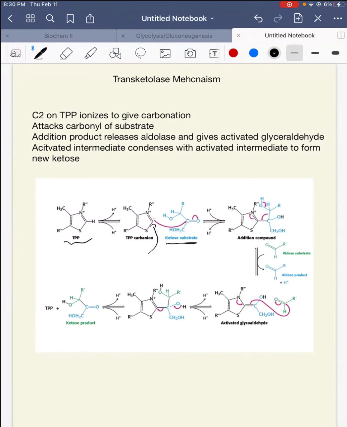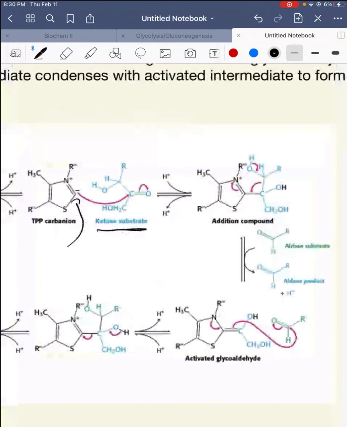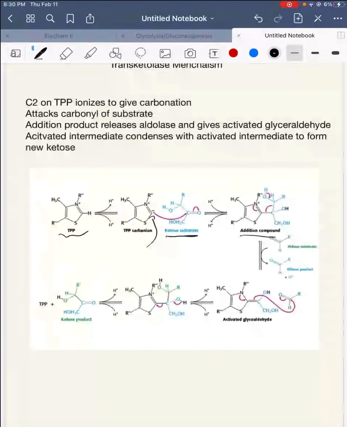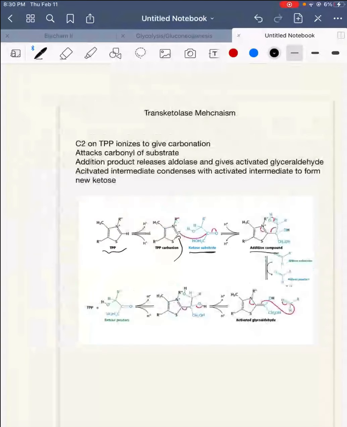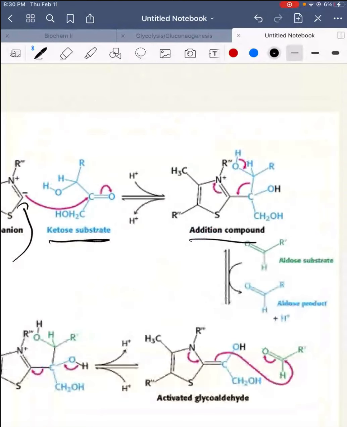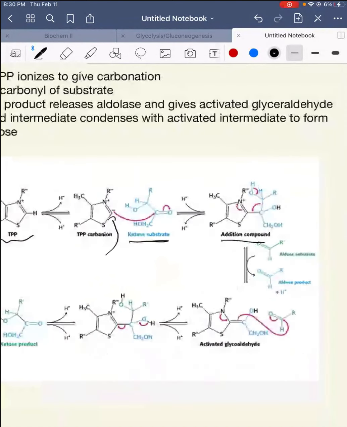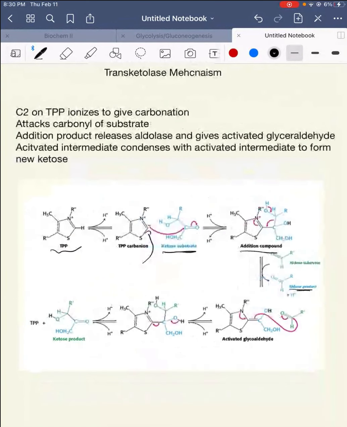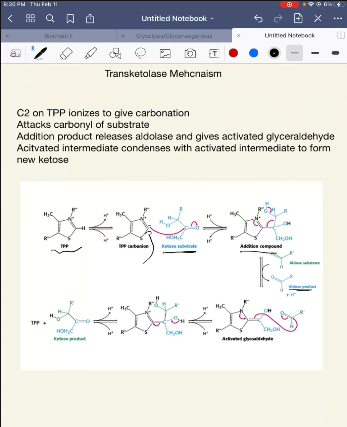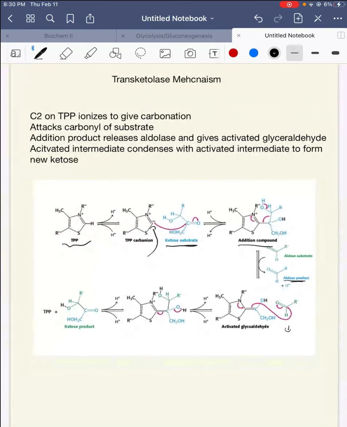And then we get this addition compound. This addition compound rearranges, and we eventually release an aldose. So we get our first product right here, the one in blue, an aldose product. So whenever transketolase runs, we get one aldose product, but then the addition compound reacts with another aldose substrate.